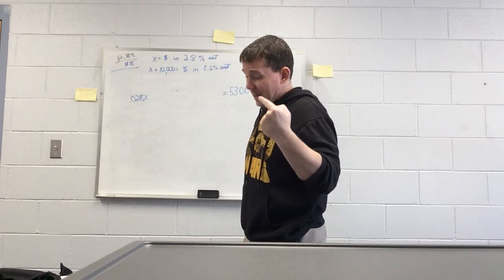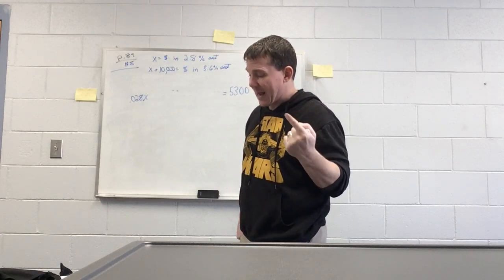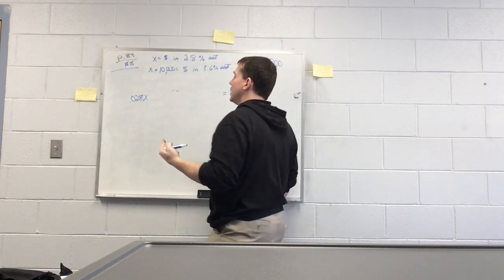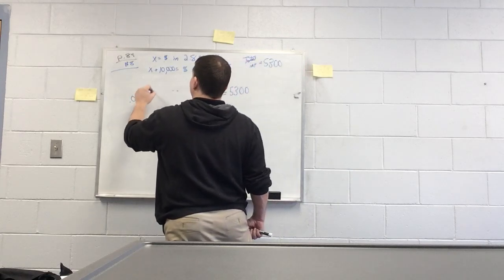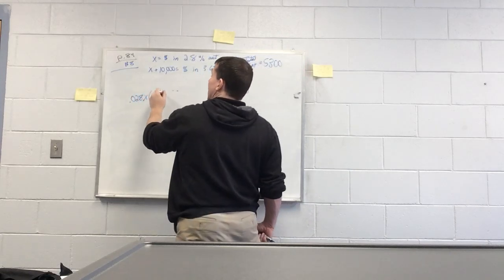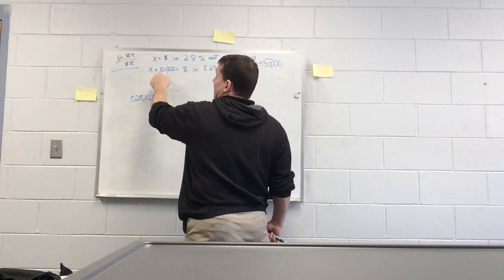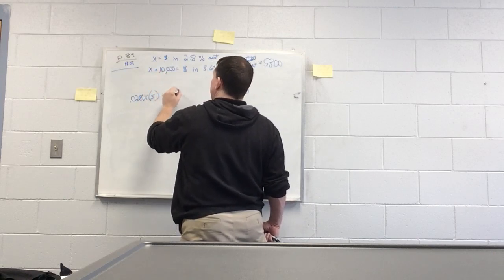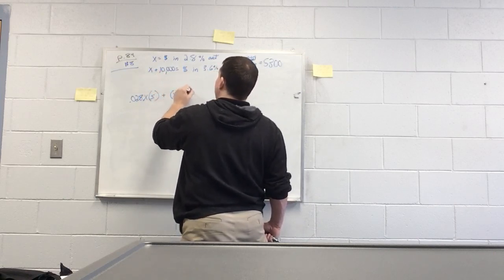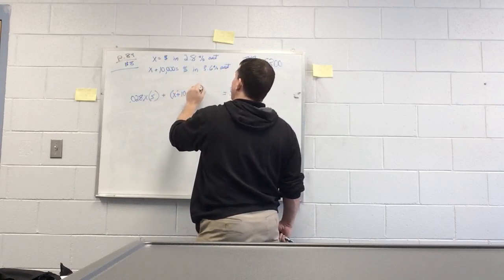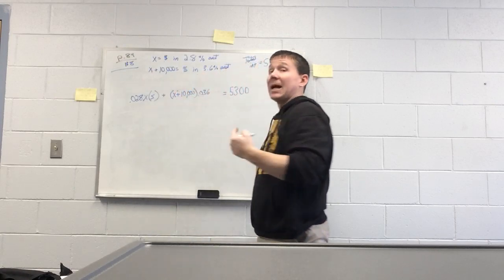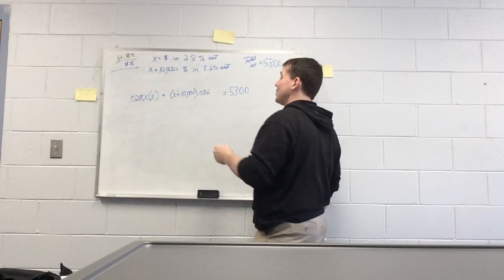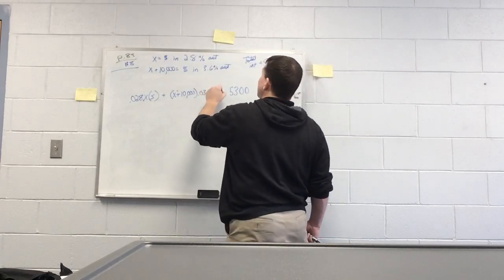And in this case, you're told the first account is a 5-year treasury note, which means time has to be 5. That's the interest from the first account, plus the principal for the second account, X plus 5,000, times the rate, 0.036, times time. The second account, you're told, is the 10-year note, so time is 10.